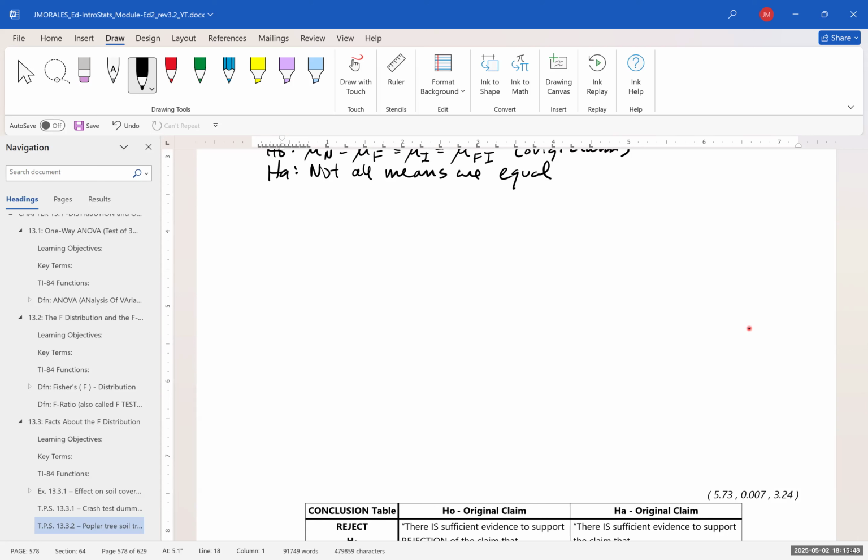So let's go ahead and draw in our F distribution. I'm just going to draw it as though it were right skewed with a right tail. So this is our critical value. Our significance level in this one is 0.05.